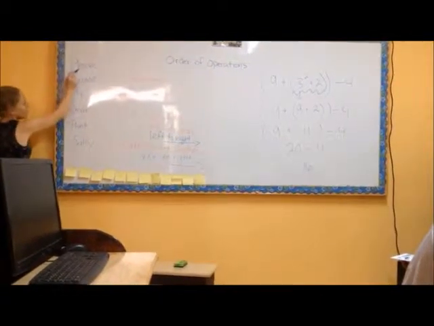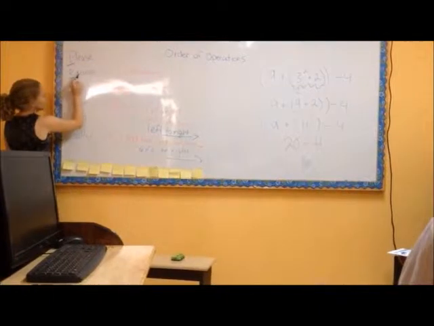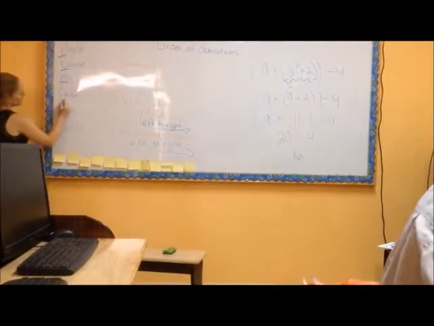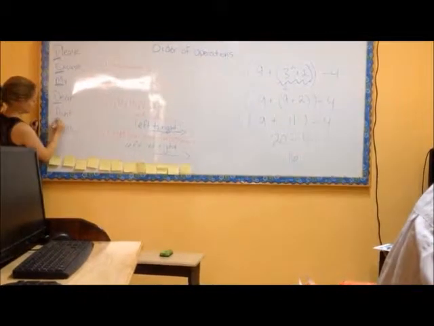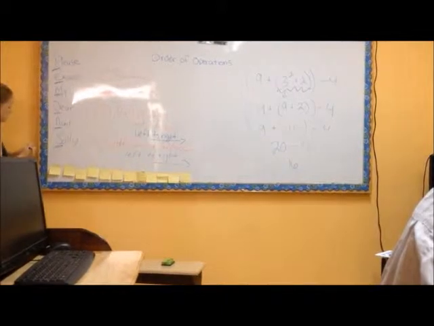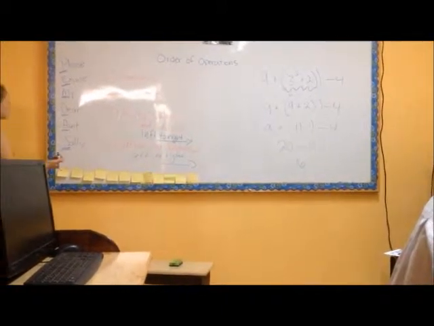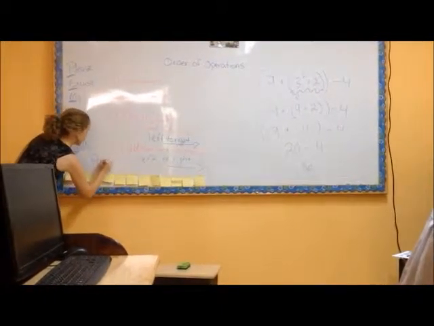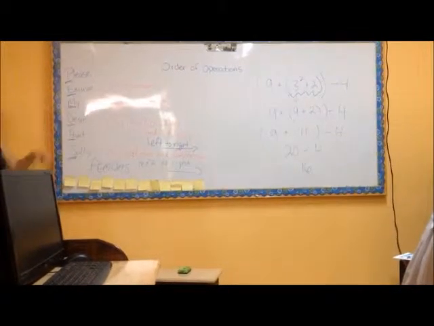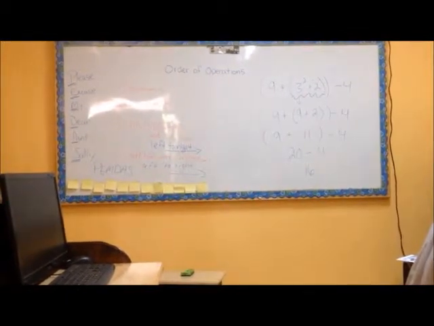And so here we have P for parentheses, E for exponents, M for multiplication, D for division, A for addition, and S for subtraction. And sometimes another way to remember it is just all these first letters, PEMDAS. So those are two other ways to help remember the order of operations.